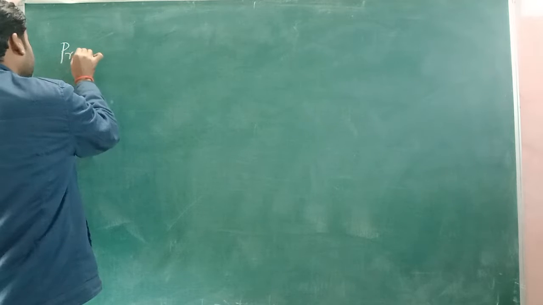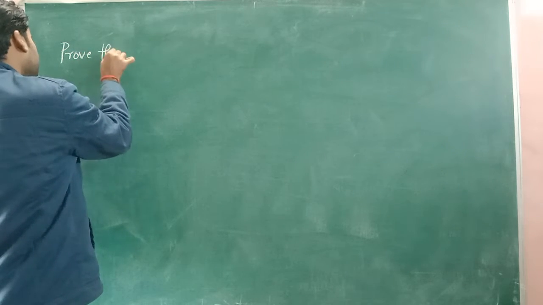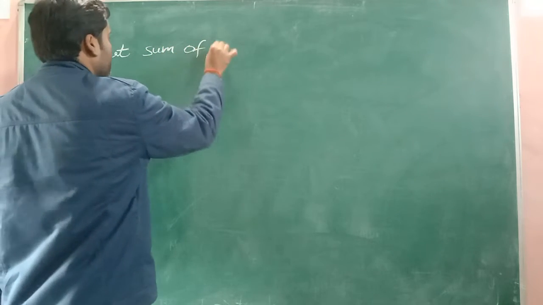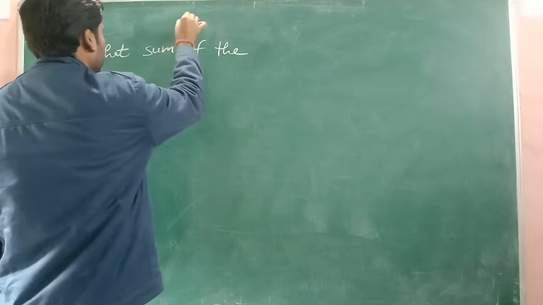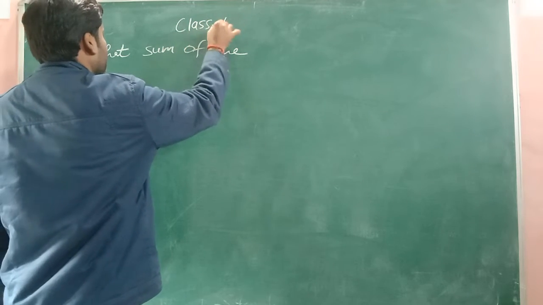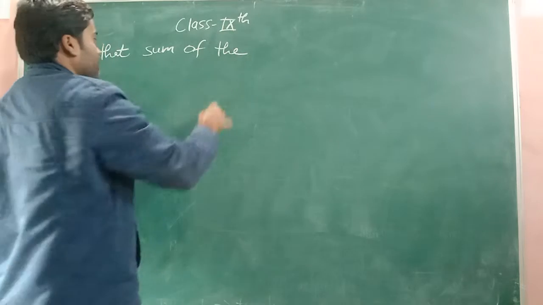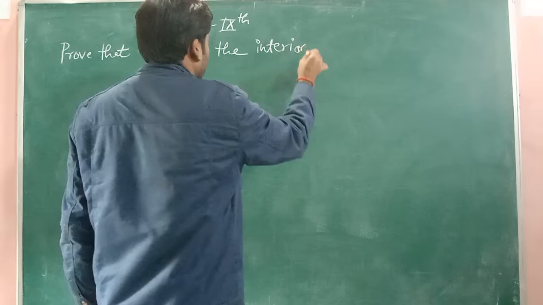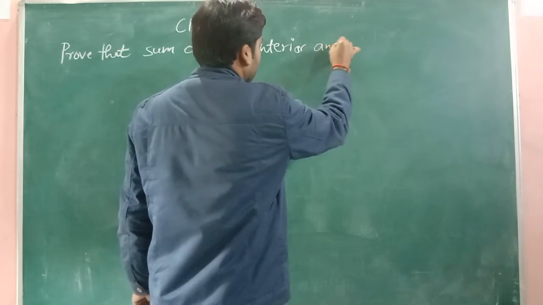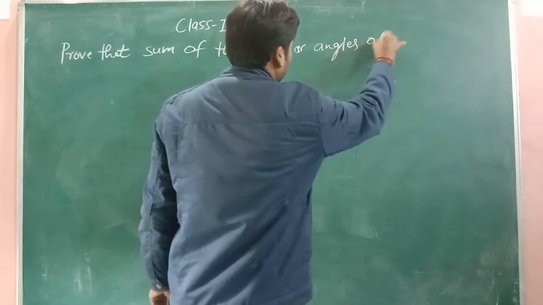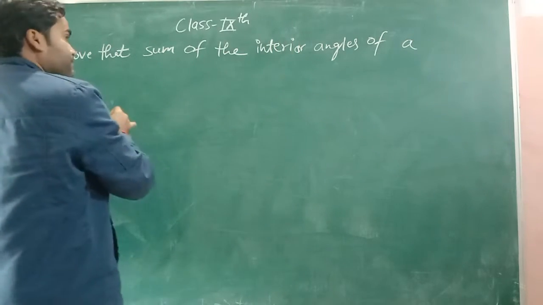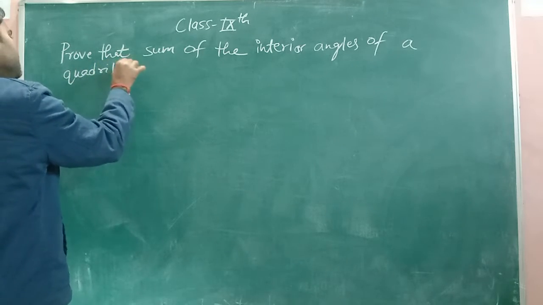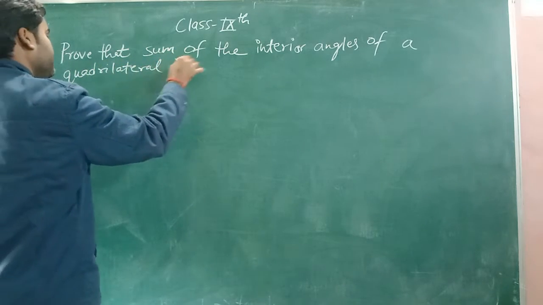Prove that the sum of the interior angles of a quadrilateral is 360 degrees.